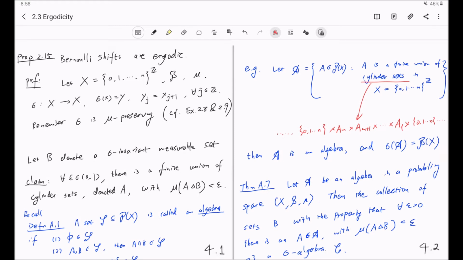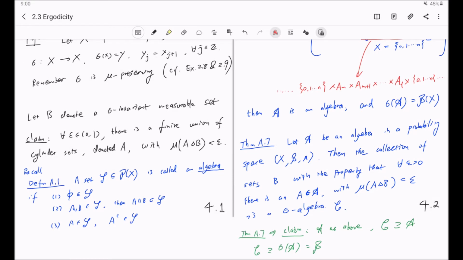Because our final goal is to prove that the Bernoulli shifts are ergodic. And we have spent a lot of time on A. Remember, in this claim, we approximate B with A, that is a finite union of cylinder sets, whose error is arbitrarily small.